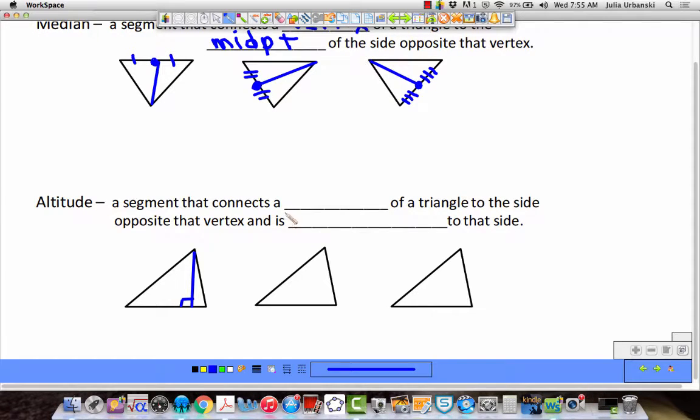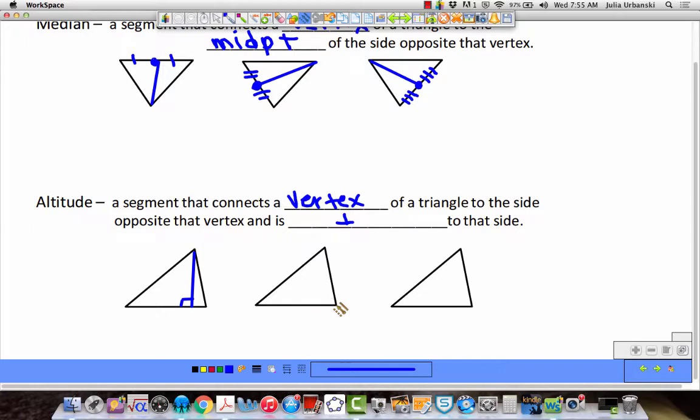A segment that connects a vertex of a triangle, that's like the tip of the mountain, to the side opposite that vertex and is perpendicular to that side. Alright, so then you have an altitude going this way. It doesn't go to the middle, it doesn't cut anything in half.